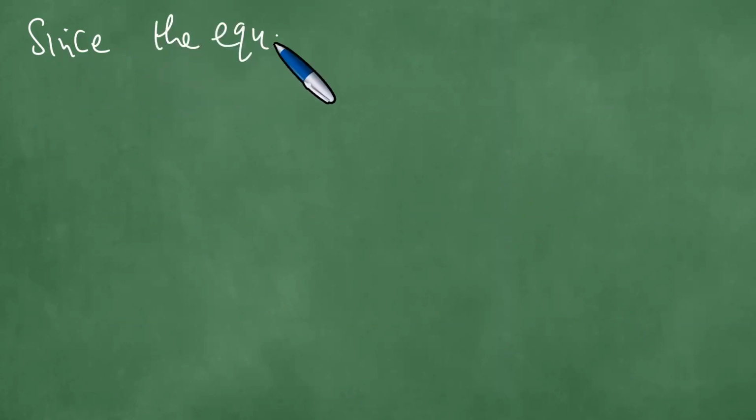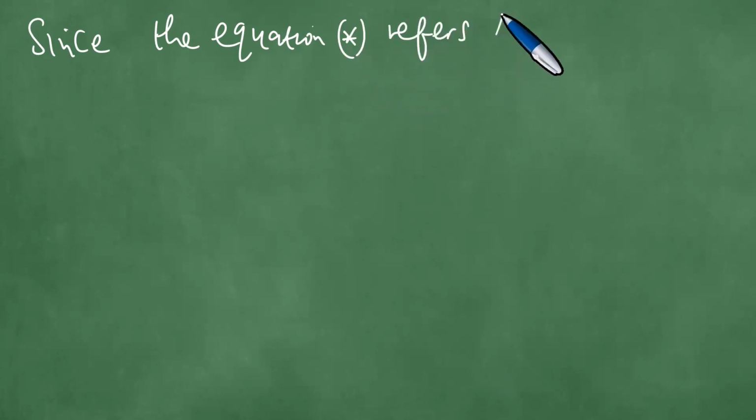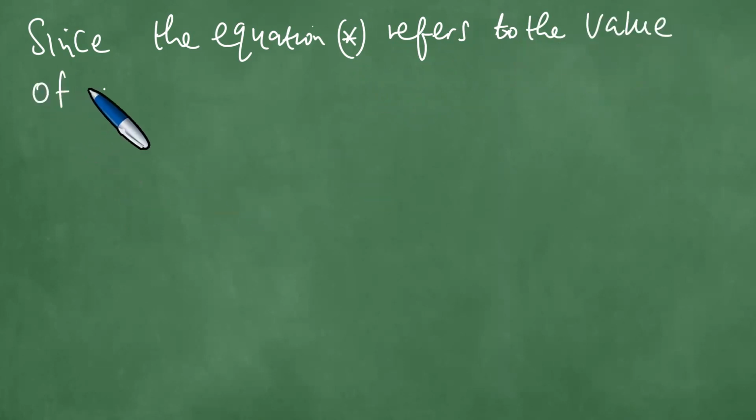Now, since the equation star refers to the value of y sub i minus 1 that we've seen at a grid point.